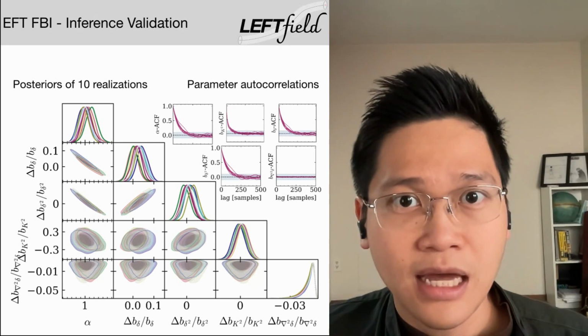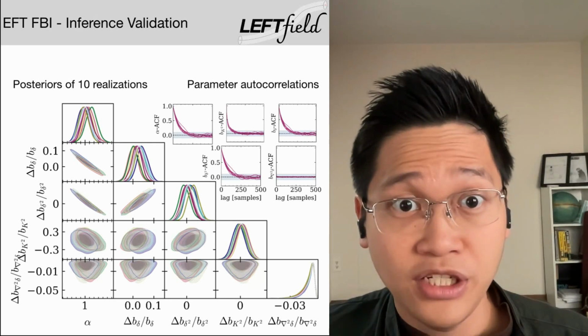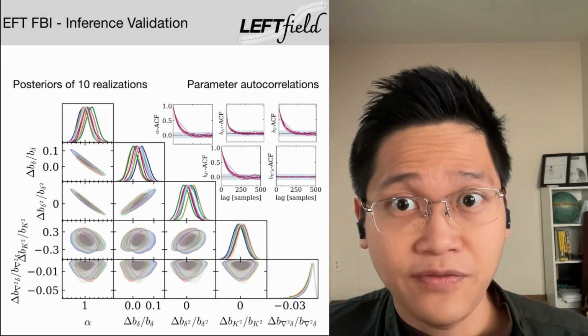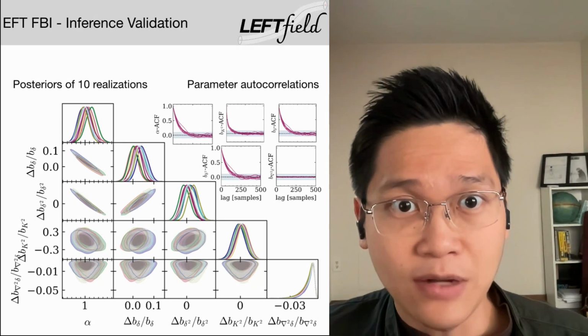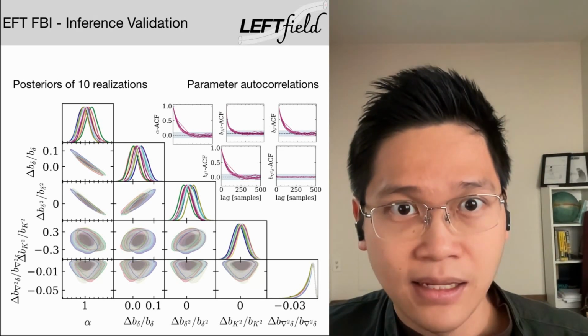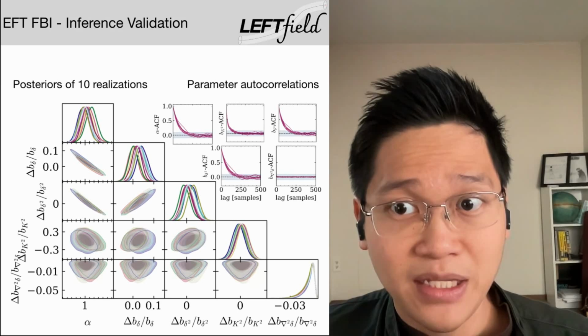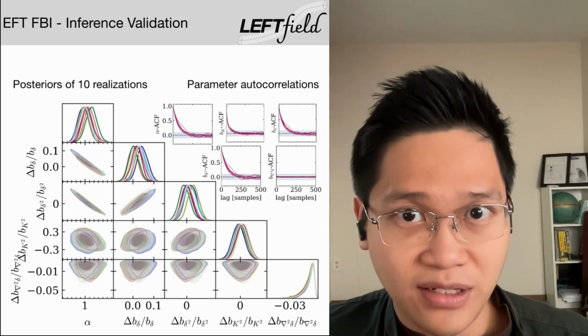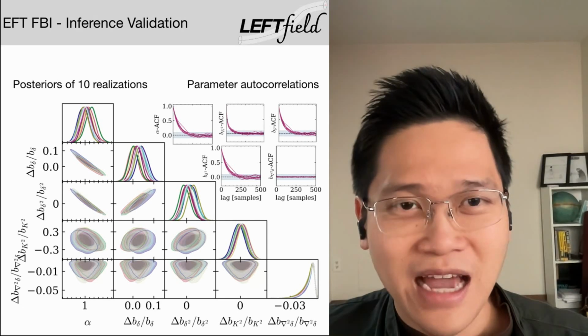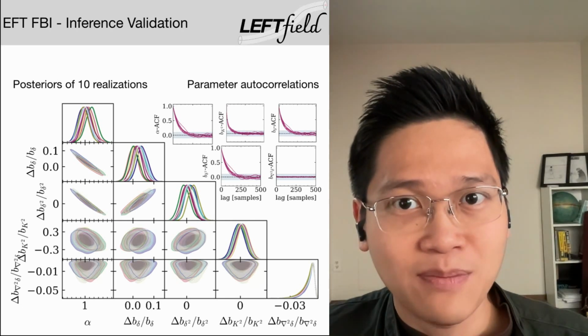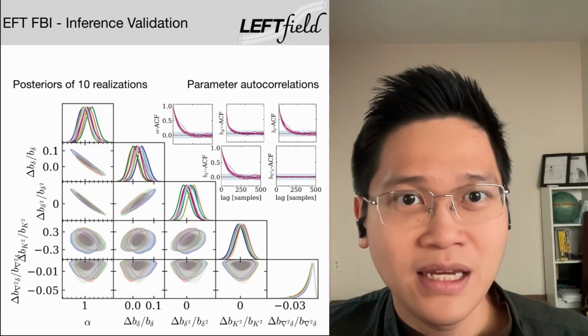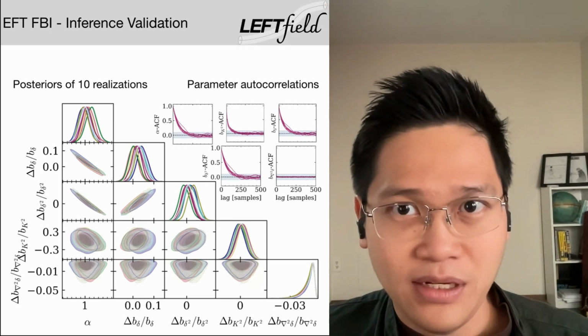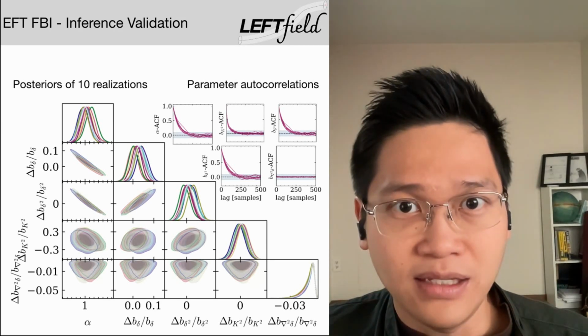On the right, I'm further showing the autocorrelation of these parameters as a function of the raw samples in our MCMC sampling chains. Since we are extending the parameter space up to north of 800,000 dimensions, one of my questions is our ability to efficiently explore this huge dimensional space and properly estimate the posteriors or quantify the uncertainties.